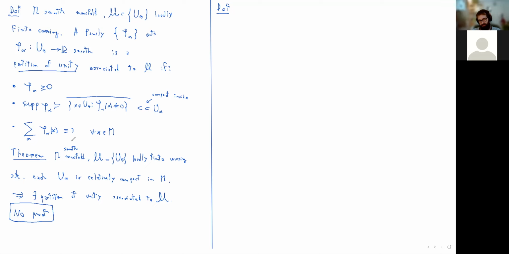I'm pretty sure it works for C^k manifolds because it's mostly a topological proof. I would be a bit wary about topological manifolds, that is C^0 manifolds. But I believe, though I wouldn't bet on it, that if I have M a C^k manifold with such a locally finite covering, then there exists a C^k partition of unity for that covering.